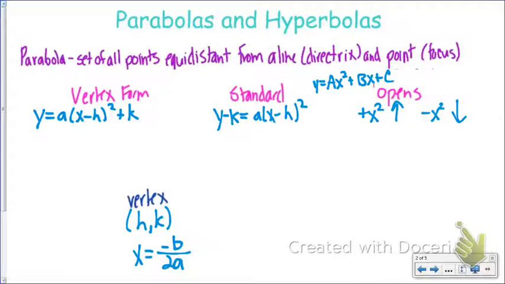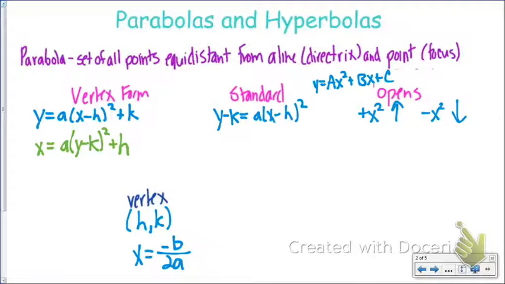So vertex form here would be x equals a times (y minus k) squared plus h. This is the reason why vertex form can be a little bit confusing, because the h is now over here in positive and the k is over here in negative, and that can get a little bit tricky for some people. So it may be easier to use standard form when you're dealing with these sideways parabolas.